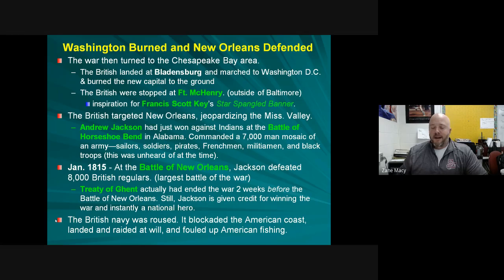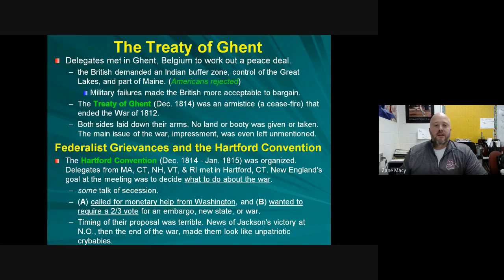They were able to land up and down the coast. They could attack coastal settlements at will, go back to their ships, move, redeploy somewhere else. It destroyed the fishing industry for the United States, at least for the length of the war.